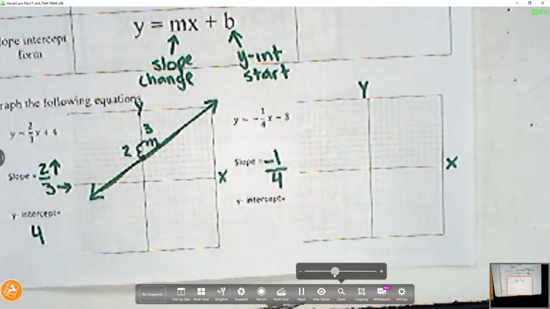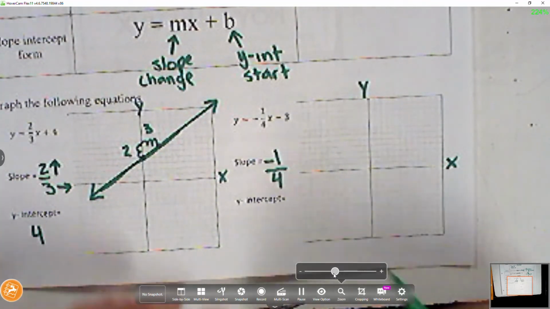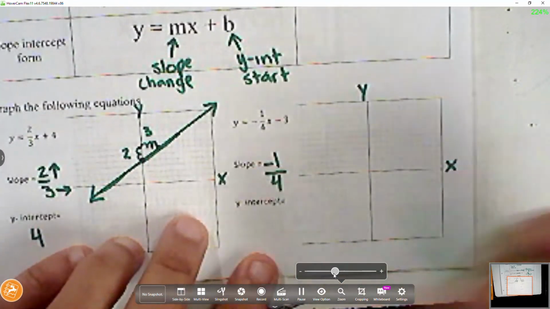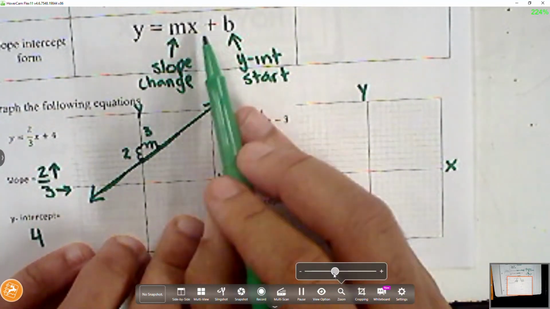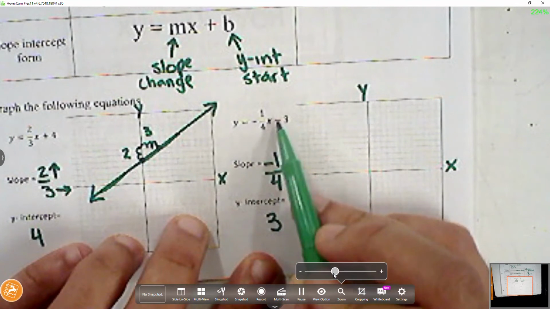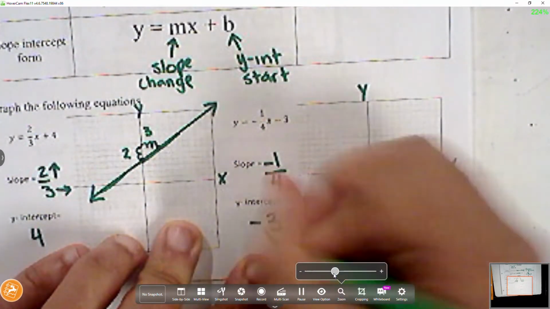We're going to put the negative in the numerator, and we'll talk about that in just a minute. Then our y-intercept. We have a 3, but normally it's supposed to say plus b. This time it says minus b, so we'll show the y-intercept as a negative.